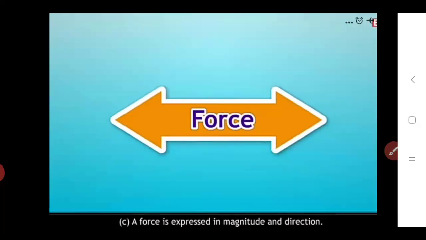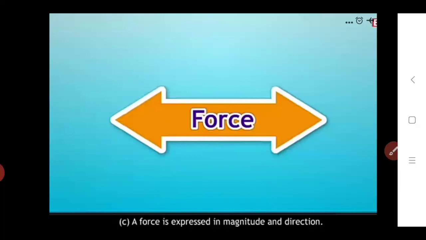Then we see the second fact: force is expressed in magnitude and direction. So due to this we can say that force is which type of quantity? This is a vector quantity. We know that a quantity which is expressed in magnitude as well as in direction, for expressing this quantity we require the magnitude and also the direction in which such forces act.